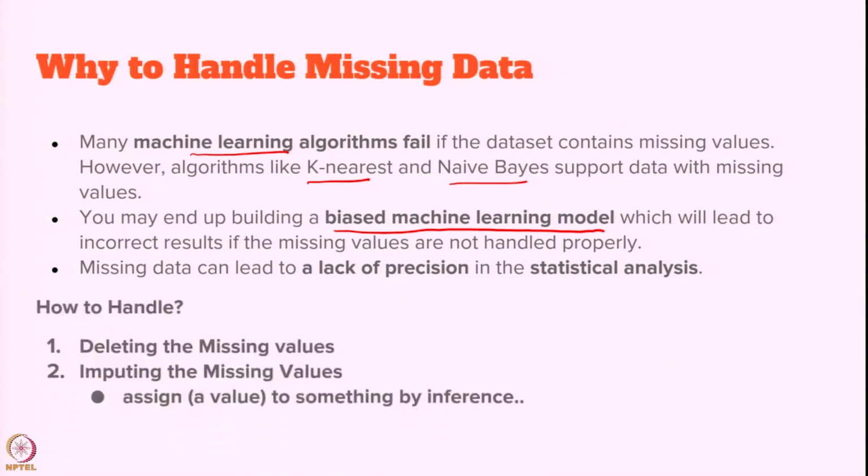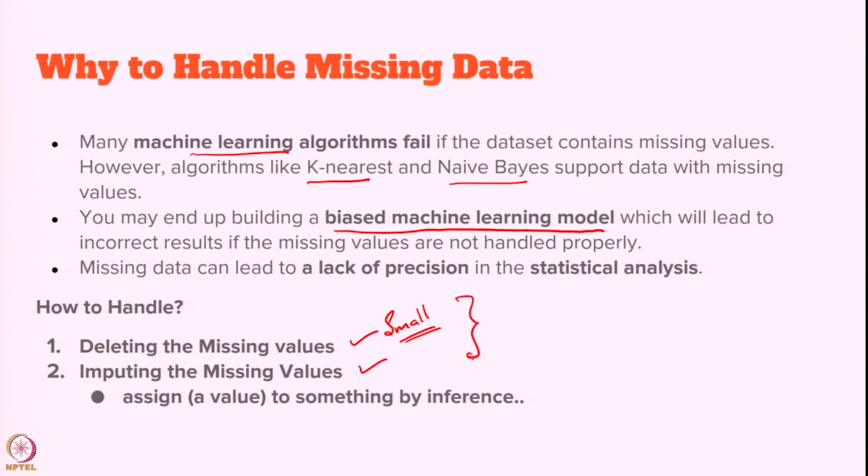Now, with this, we will see how best we can handle the missing data. We can do two things. Either we can delete or we can add the data. We cannot delete the data if it is too small. Similarly, there are various cases in which deleting is not the best option. When we cannot delete the data, we can fill the missing values, that is imputing the missing value. Imputing means assigning a value to something by inference.